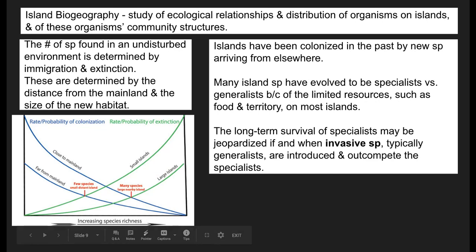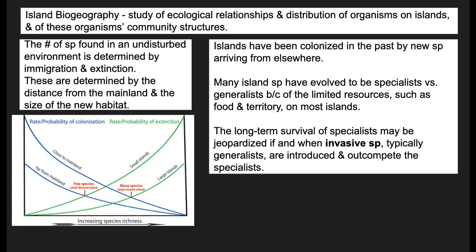Now, islands have been colonized because of new species arriving in different ways. Many species have evolved on those islands to be specialists. So that means they have adapted to the resources that are located on the island. Okay, now what happens is specialists have become only kind of used to a type of resource.